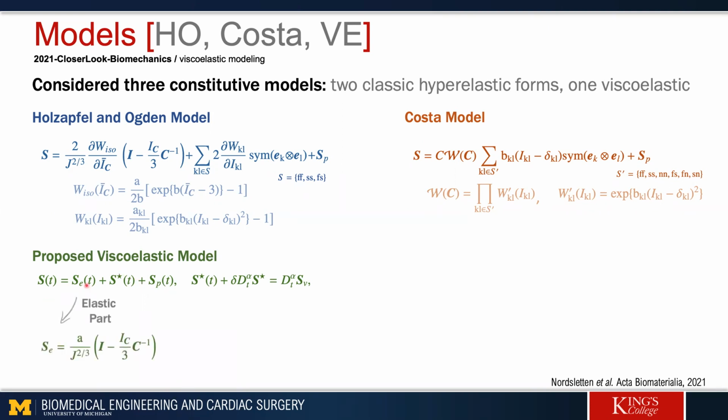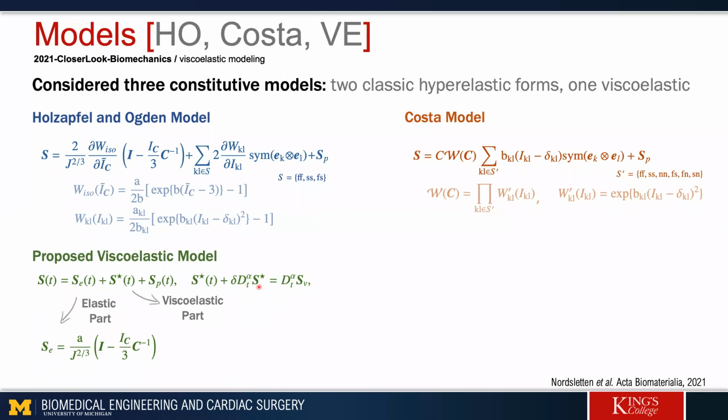So this SE, this elastic part, was basically like a simple Neo-Hookean type contribution to the PK2 stress. And then the viscoelastic part, this S star, is the solution to this fractional differential equation, which sounds scary, but it's actually, once you know how to approximate these time derivatives, fairly straightforward. How do you basically restructure this like a normal forward in time iterative solution?